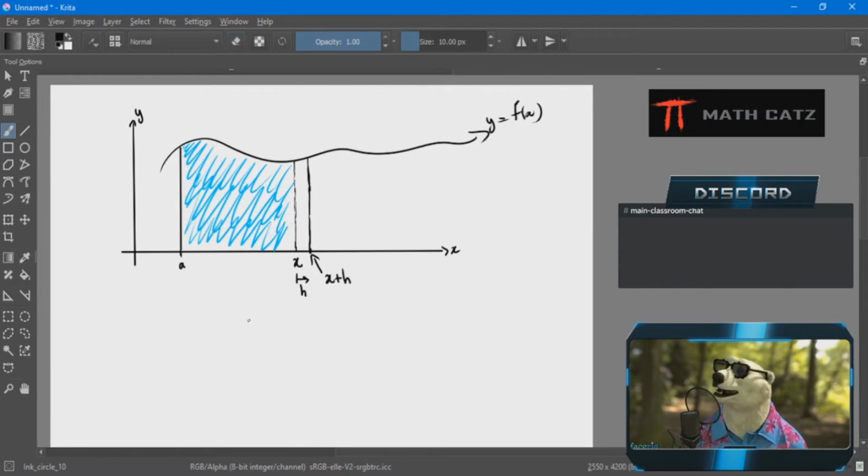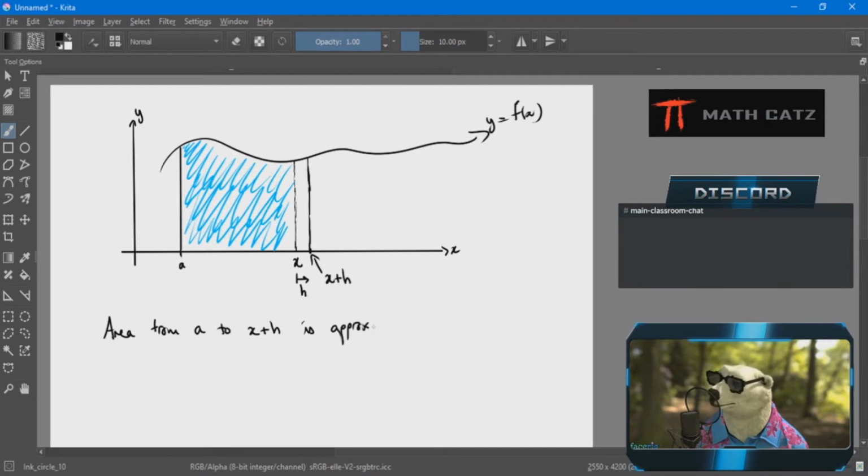Okay. Now, if we want to find the area from, let's write it out, area from little a, not to x, but to x plus h. We can approximate that, or let's say not can, let's say is.